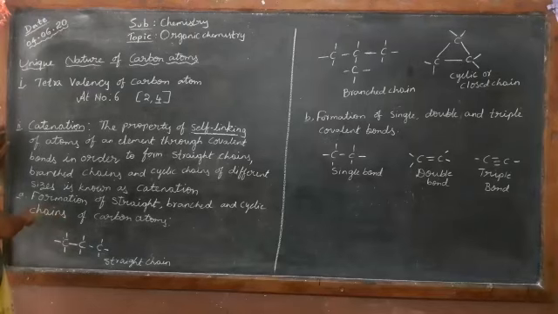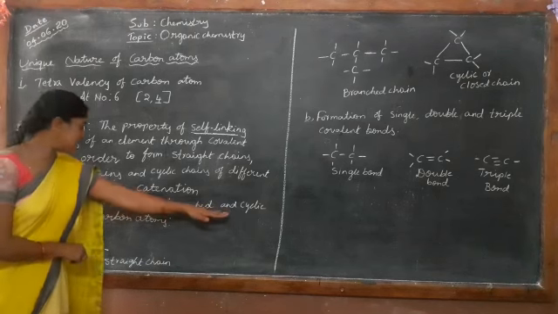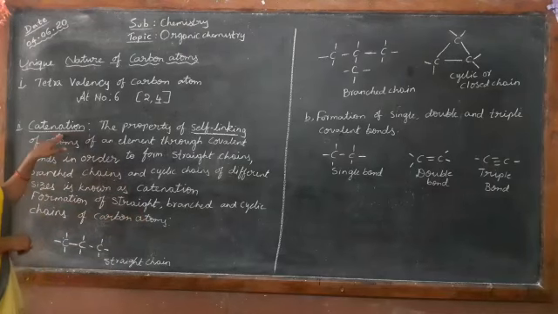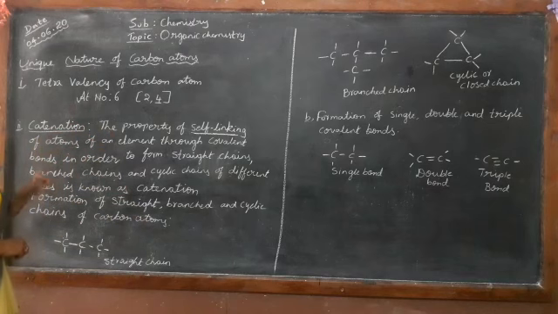Next, in catenation there is a formation of straight, branched and cyclic chains of the carbon atoms. That means catenation is nothing but self-linking of the atoms among themselves or with any other atoms.